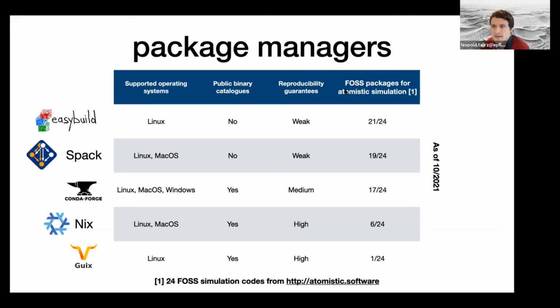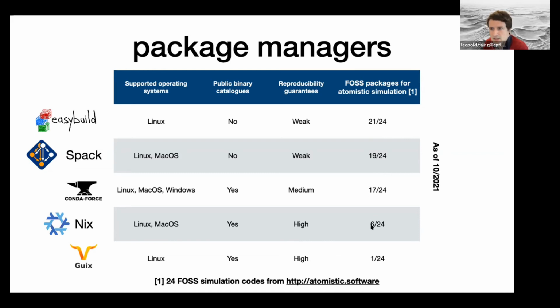So in the last column, I'm looking at a set of 24 open source simulation engines. These are the 24 atomistic simulation engines that are cited more than 100 times per year, according to Google Scholar. You can find all of them on atomistic.software. We can see that EasyBuild and Spack and also Conda Forge cover more than 70% of these simulation engines already.